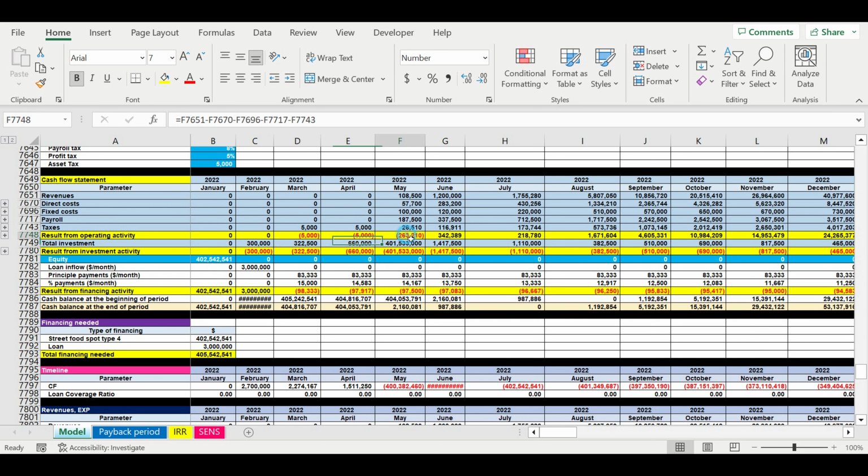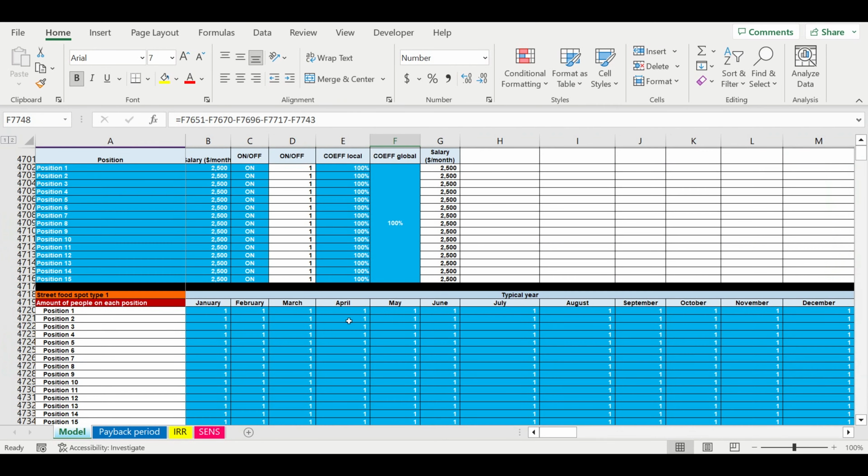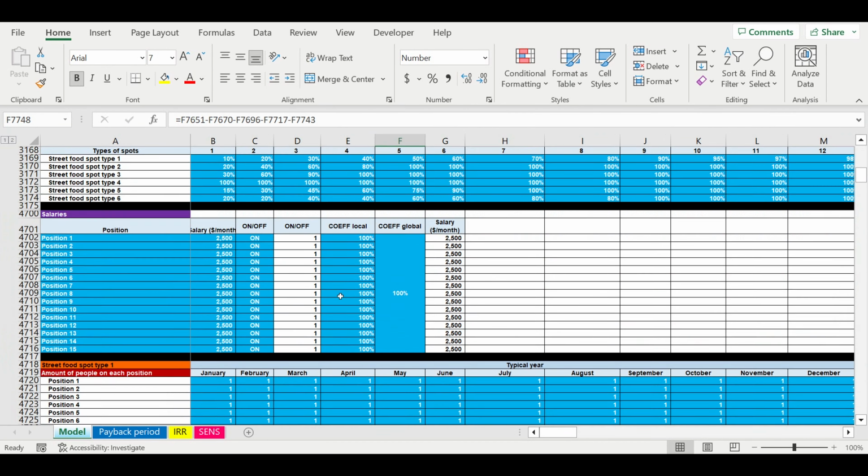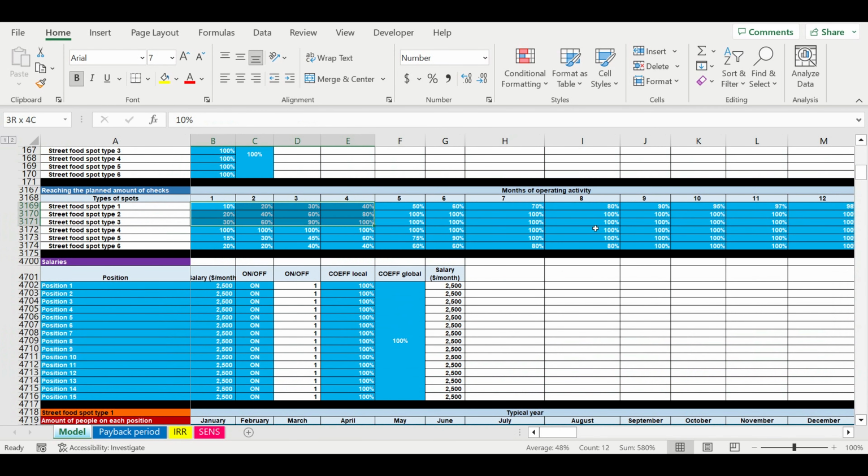So counting operating losses is available only if we create this algorithm, and we can start playing with reaching the planned revenue. And this will show us a very interesting thing.